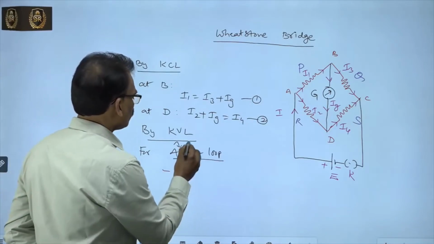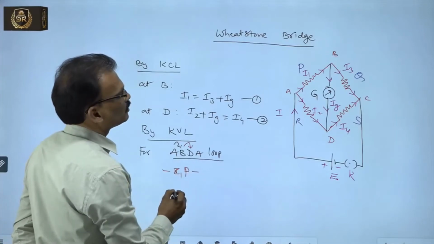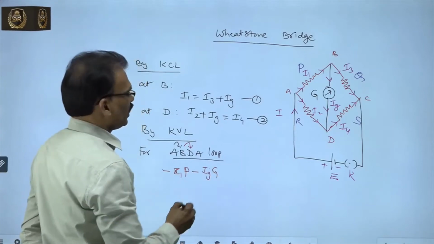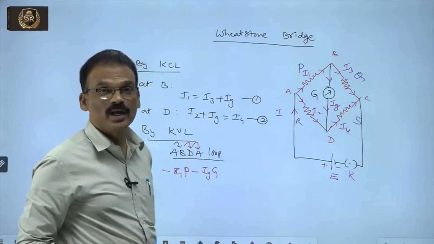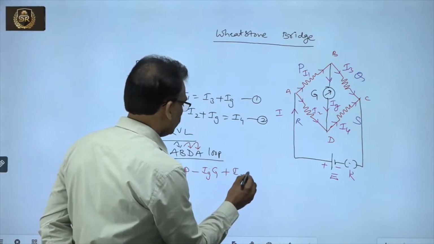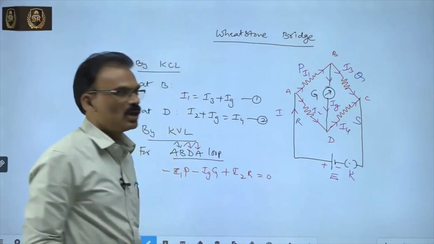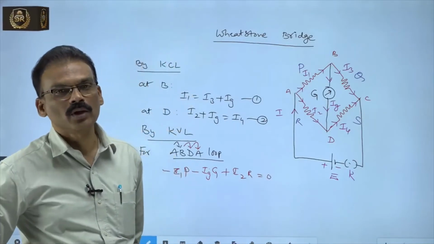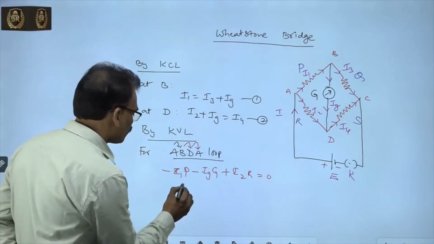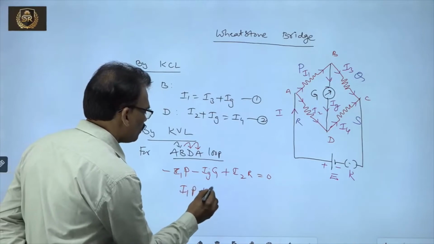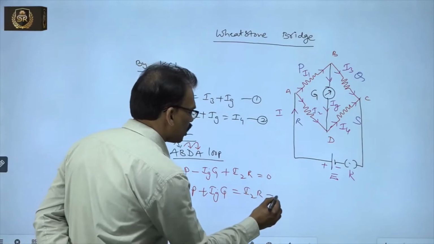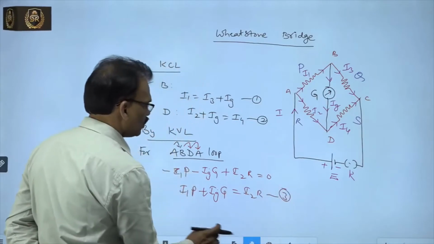B to D, again in the same direction, minus I of G into G. Next D to A, in the opposite direction, so plus I2 into R equal to 0. In the same direction of the current flowing, the drop will be negative, and in the opposite direction the drop will be positive. So this equation you can write as I1P plus I of G into G is equal to I2 into R. Let this be equation 3.